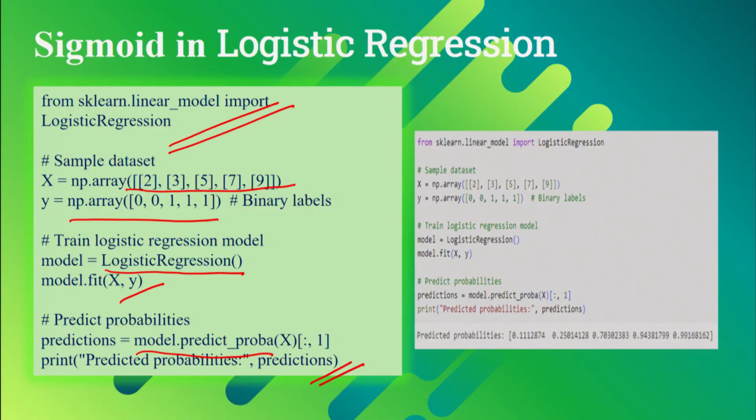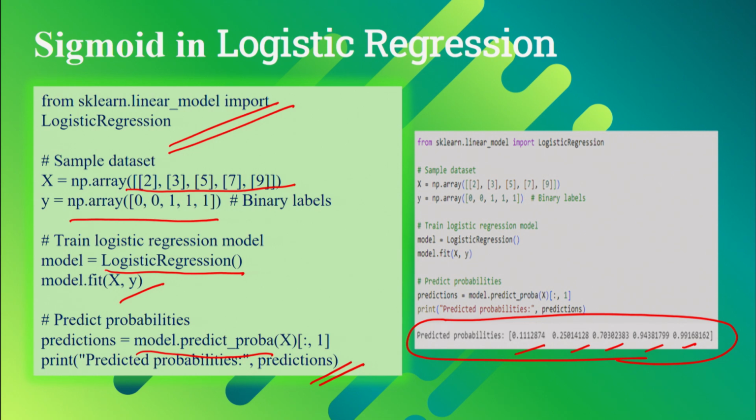On the right hand side is where I have executed the same code in Google Colab, and the output is depicted as follows. The same code has been written, and here you see the predicted outputs. From the output we understood that for the binary labels 0, 0, you get values near zero, and then values near one: 0.7, which is equivalent to a 1 value, 0.94, which is probably equivalent to 1, and 0.99.